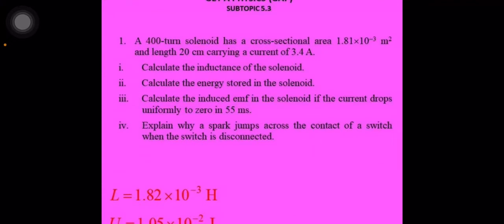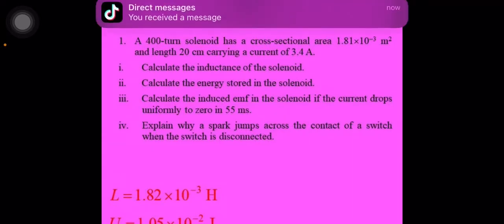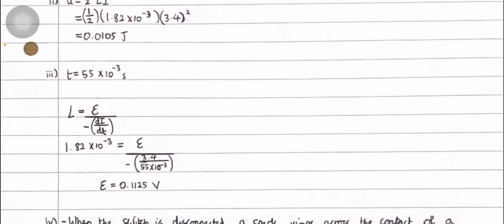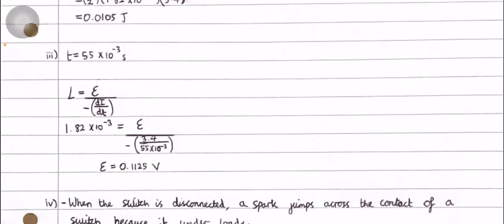For the third question, they would want us to calculate the induced EMF in the solenoid if the current drops uniformly to 0 in 55 milliseconds. So they've given us the time, which is 55 times 10 to the power of negative 3 seconds.